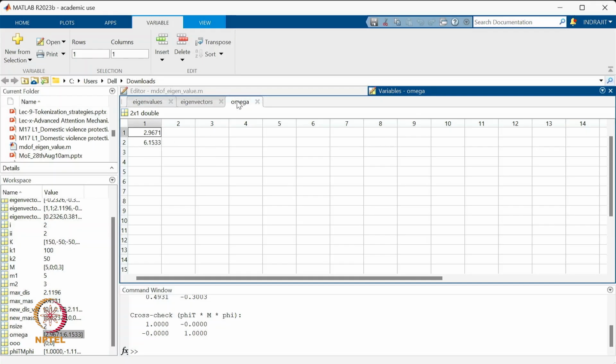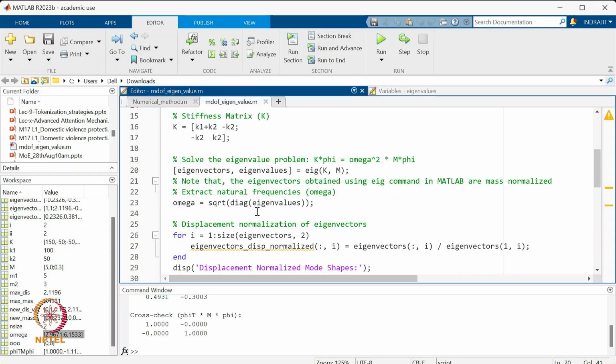We have used the diag command, and then it is taking the square root. So what is the function of the diag command? It has two functions. If you supply a vector, it will make a diagonal matrix, or if you input a diagonal matrix, it will make an array from those diagonals. So it does the vice versa thing. You have to know what you are supplying.